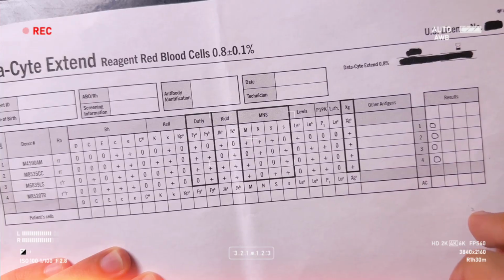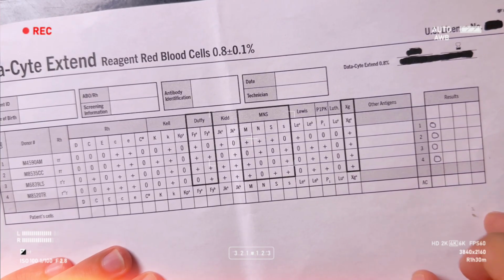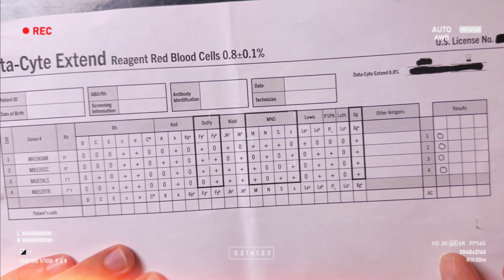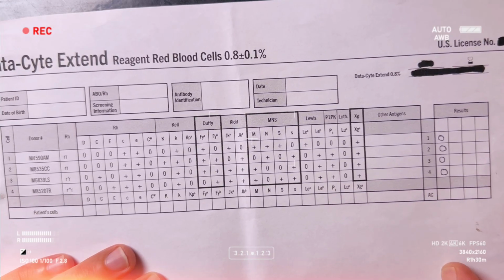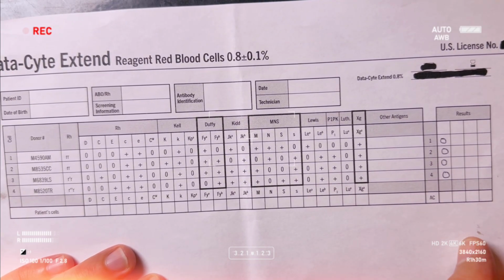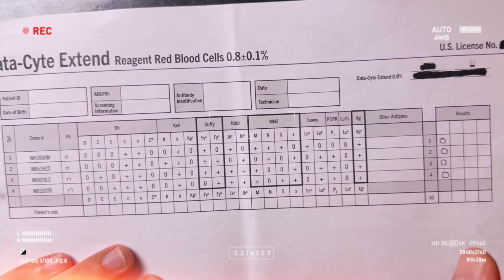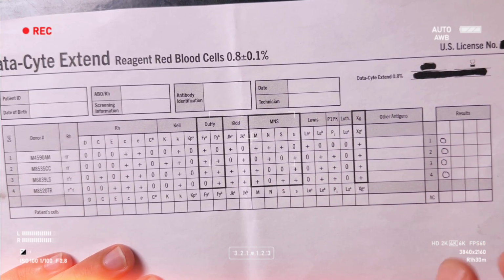This panel is called the extended panel. We only use this for Rh negative women, if the patient has an O negative blood type and specifically it's a woman-centered case, so you can assume it could be anti-D. You can directly use the extended panel instead of panels 1 and 2.